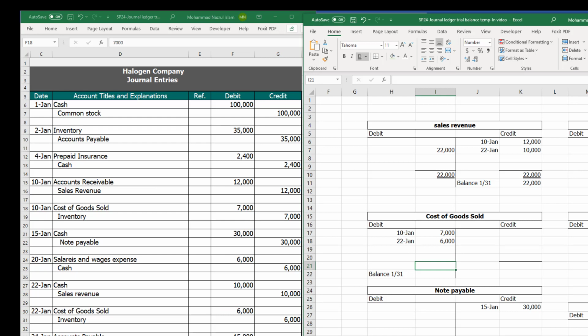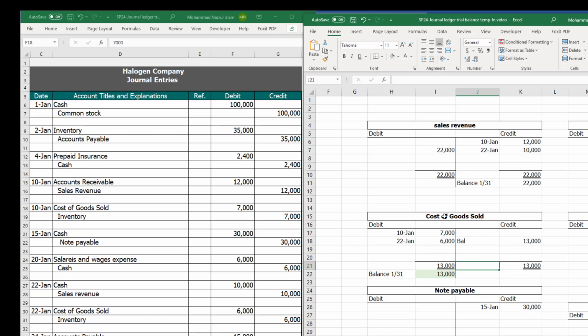So the total is going to be 13,000, or we can use the sum function. I'm writing this 13,000 over here. Since there is nothing over there, this is actually the balance. And since it is a debit balance, I'm going to write it on the debit side, the left side. So this is our debit balance.